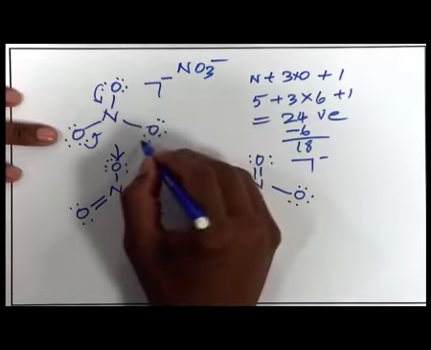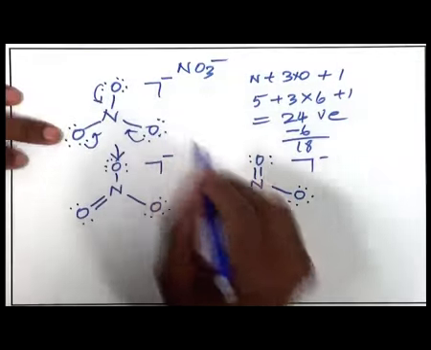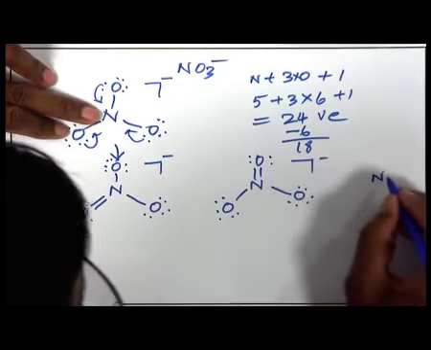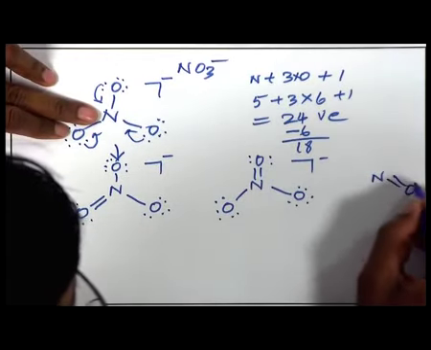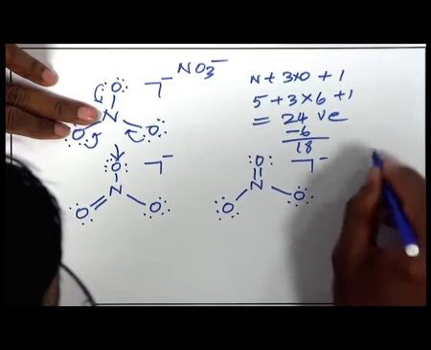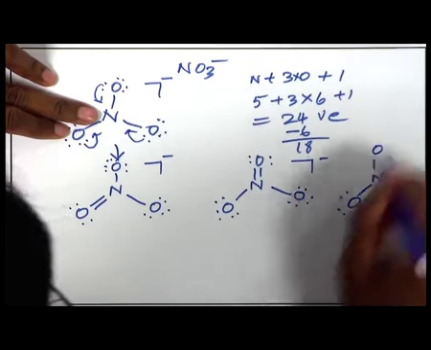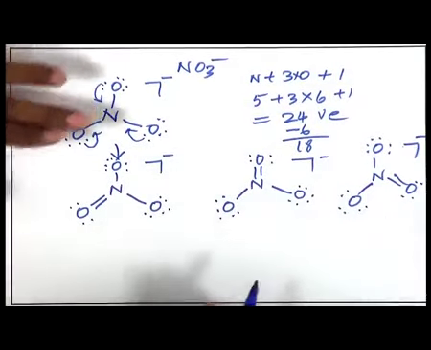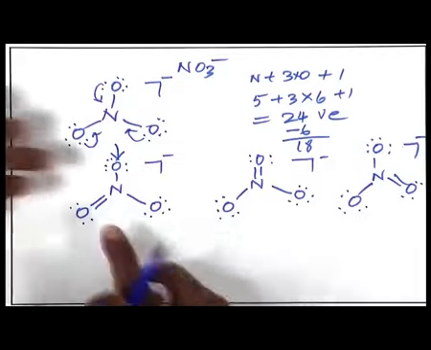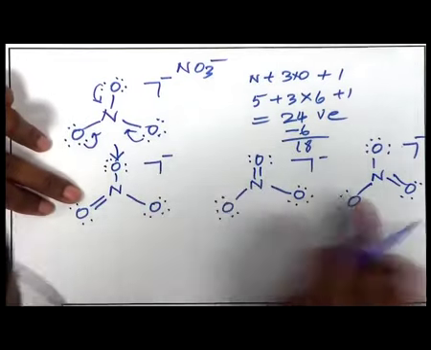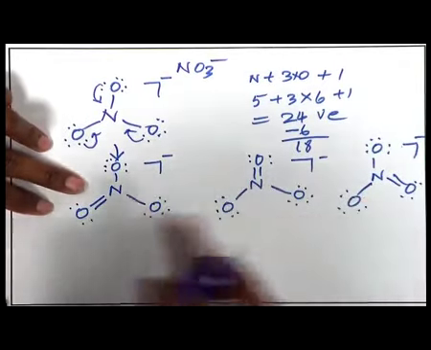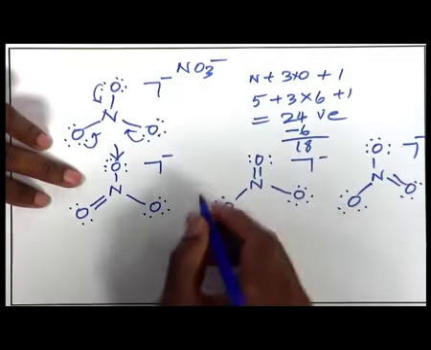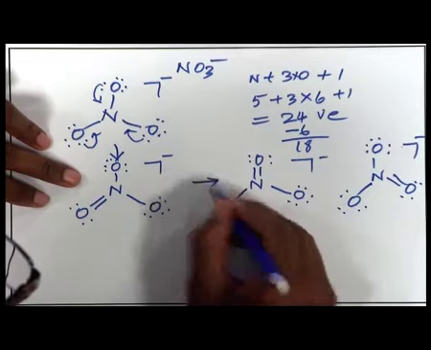Same way you can also pull this lone pair to give the nitrogen atom an octet of electrons, and the overall charge is negative. So, now you can see that 3 structures can be written for NO3 minus. These 3 structures are called resonance structures, which can be represented by double-pointed arrows.